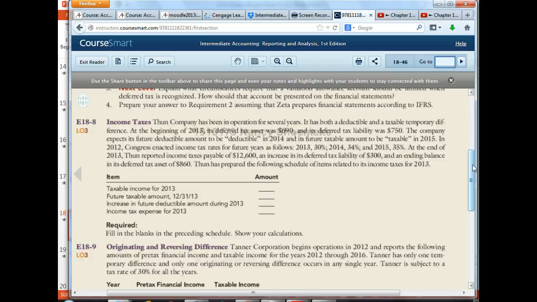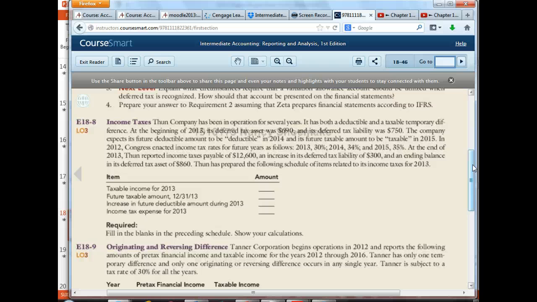Fund Company has been in operation for several years. It has both a deductible and a taxable temporary difference. At the beginning of 2013, its deferred tax asset was $690, and its deferred tax liability was $750. The company expects its future deductible amount to be deductible in 2014 and its future taxable amount to be taxable in 2015.